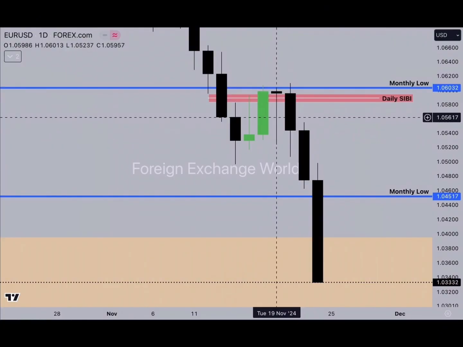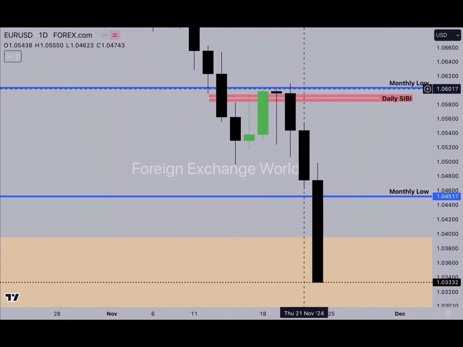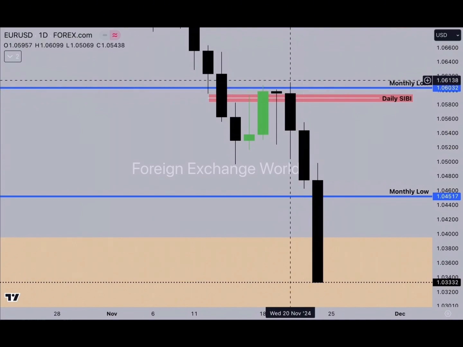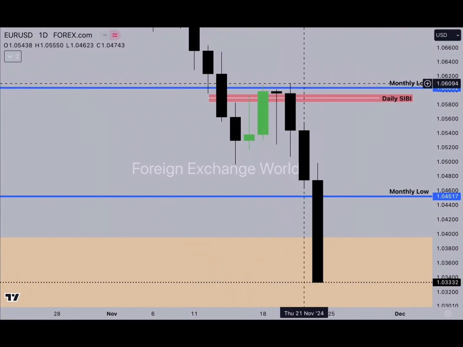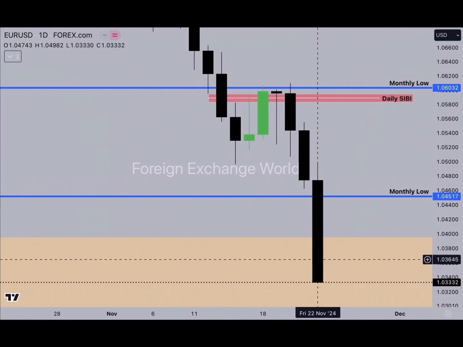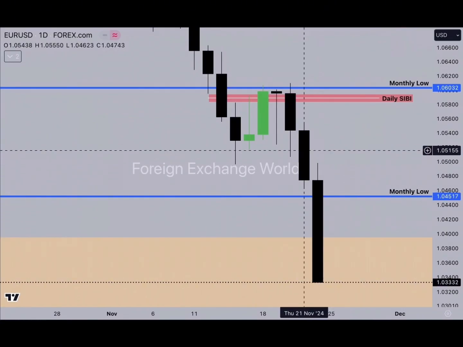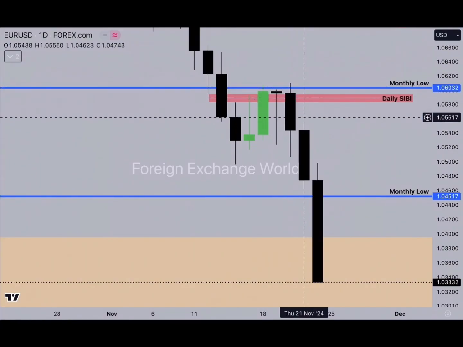Price pushed higher, just like GBP USD, therefore created a high on Wednesday. Created that high on the low of the monthly swing low, therefore pushed lower down into the monthly inversion favorable gap. So you can see that the characteristics of GBP USD and Euro USD are the same.